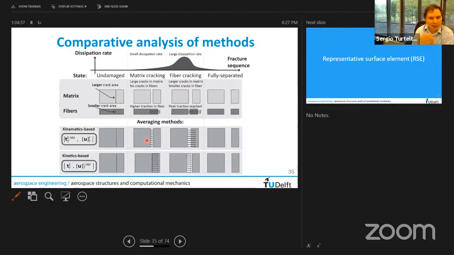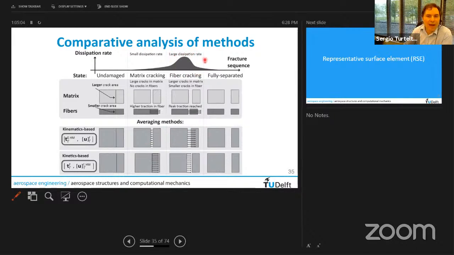And that's why you get these discrepancies: as you take an average, it is the wrong phase that is multiplied. So you take a quantity which has been averaged in the matrix, and it's been multiplied by a quantity which has been averaged in the fiber. And that's a bit of the risk and the problem with the averages, that they get disconnected in terms of which phase they're referring to.